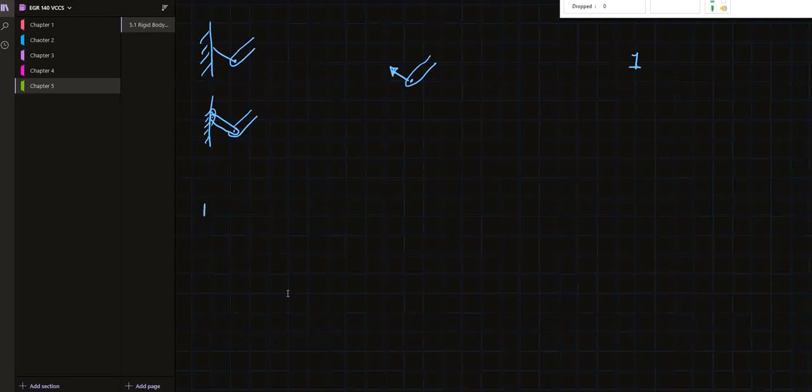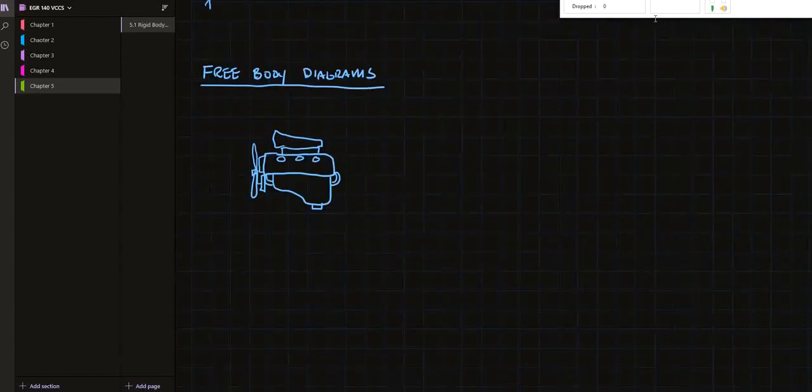So now let's talk a little bit about sketching our free body diagrams of rigid bodies. Let's imagine we have an engine, and say we have some chains here that we've attached to hold this engine up. There'll be forces associated with those.